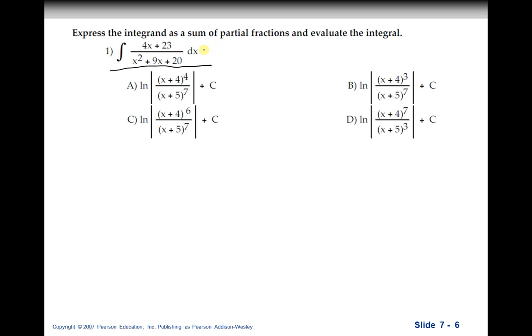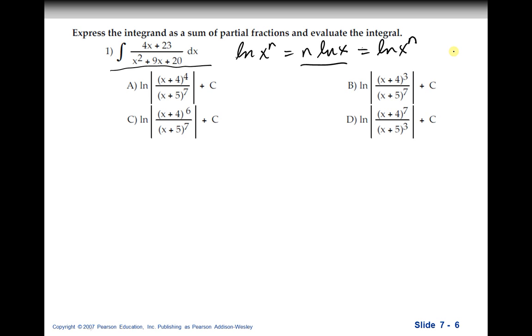And before we get started, I'd like to remind you that ln of x to the n is equal to n ln of x, which means that n ln of x is equal to ln of x to the n.